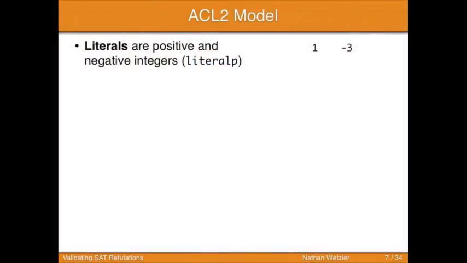So first, we need to model this problem in ACL2 in order to mechanically verify a proof checker. We do that first by establishing literals as positive and negative integers. So here, if I had x1 before, it's now been converted to the integer 1. And if I had not x3 before, it's now been converted to negative 3.